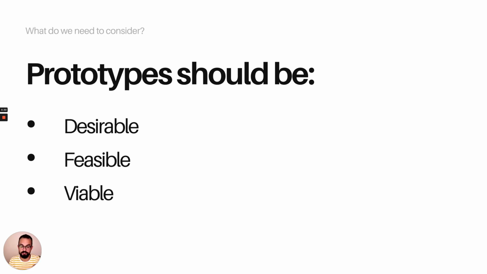So what I like to encourage people to do is when you're prototyping, also try to have these 3 elements present. Now, you may not know if it's feasible. You may not know 100% if it's viable. And that's perfectly fine, but try to aim for these 3. If you have a prototype that can touch on these 3 elements here, you're golden. That's perfect. It's not always going to happen, but again, that's ideal.